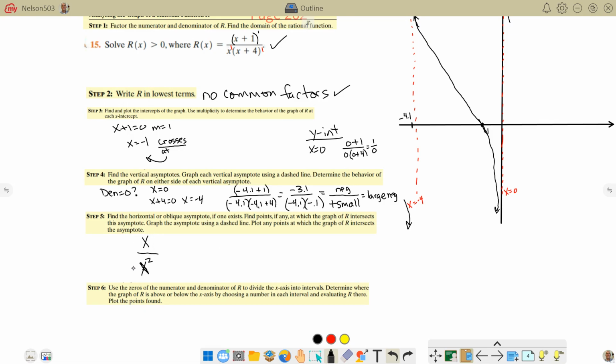We're just worried about the ones that are important, the leading terms in the numerator and the denominator. In this case, in the polynomial, we only had a numerator. So because the degree in the numerator is less than the degree in the denominator, this thing is going to have a y equals 0 horizontal asymptote. Because the denominator grows faster than the numerator.